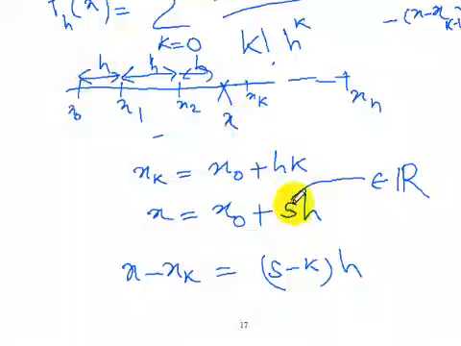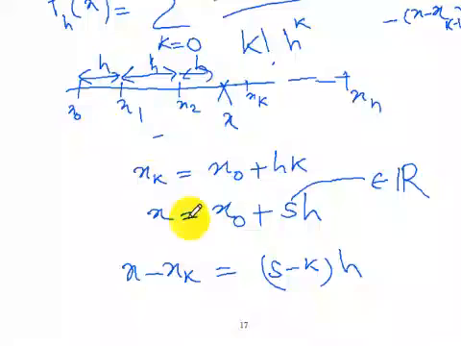This is not an integer, this is a real number. So the distance between x and x naught is equal to h times this real number.